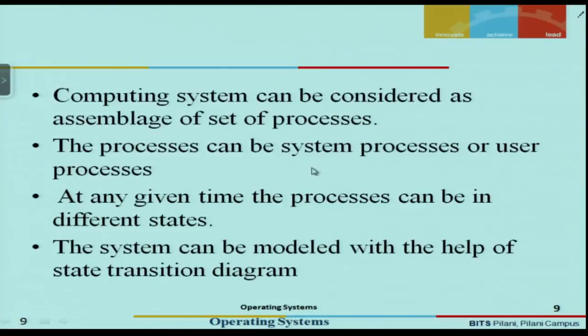We can again visualize that at a given instance of time, the processes can be in different states. Right now, we know that processes can be in two states, that is, an executing state and a not executing state, a running state or a not running state. Since the processes can be in different states, in the coming time we will see that the system itself can be modeled with the help of what we call a state transition diagram.